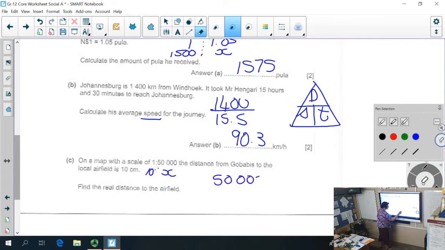But remember, this is now in centimeters. There's 5 zeros in centimeters in a kilometer. So this is then 5 kilometers. It is 5 kilometers.